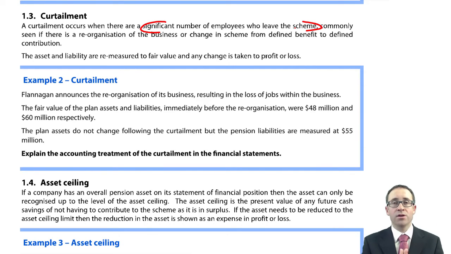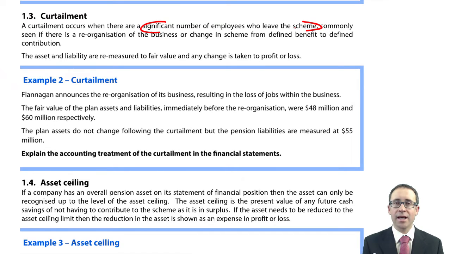The other alternative is a reorganization of the business. If there's a reorganization, there may be redundancies, and if people are made redundant, then they are no longer part of that scheme, are they? So if you have a significant change in the number of employees, in terms of redundancy or moving from one scheme to another, then that means that there is a curtailment.